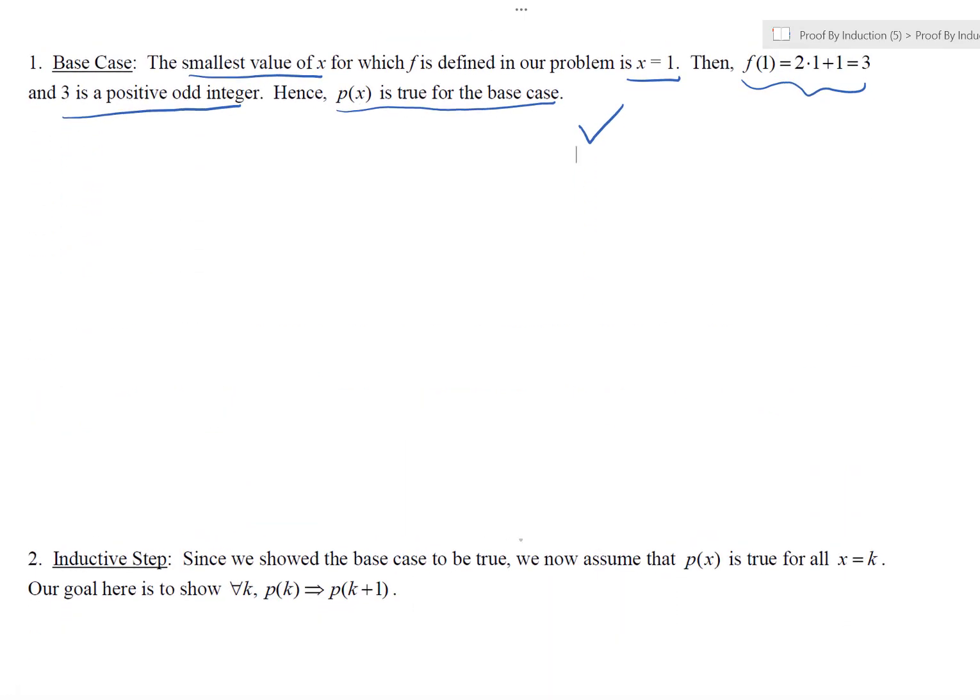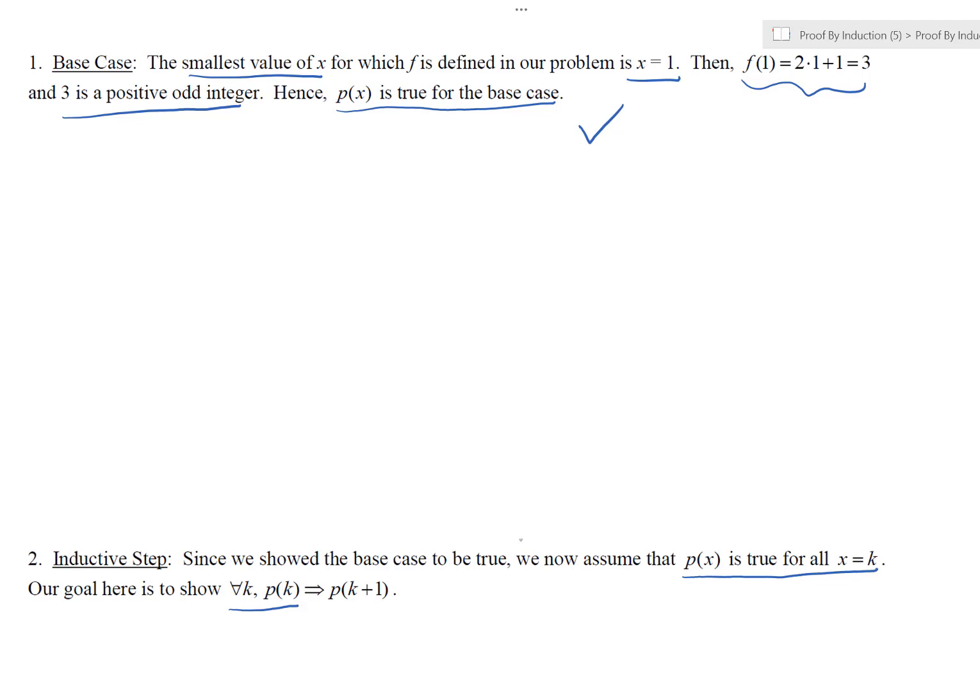We just showed the base case is true, and now we're supposed to assume that it is always true. In the general situation, P of x is true for all values of x equal to some number, whatever it might be, k. Now our goal in this step is to show that if we assume P of k is true for all values of k, then we can get the implication that P of k plus 1 is also true.